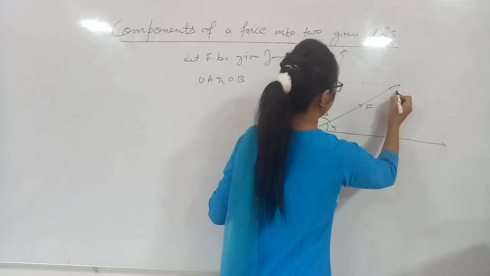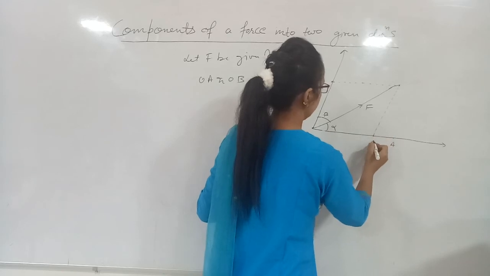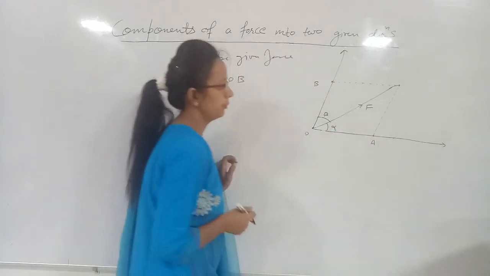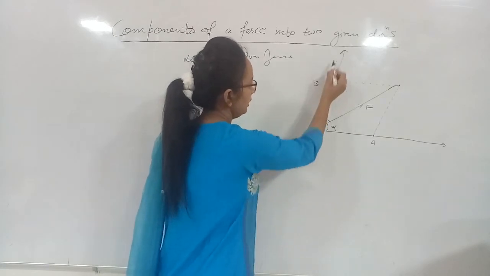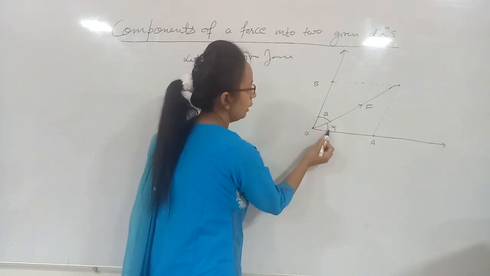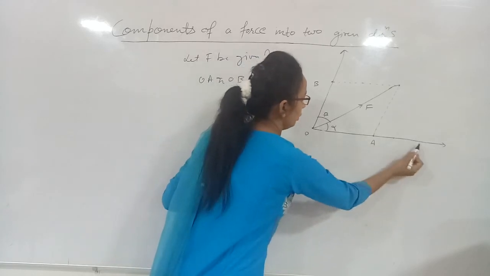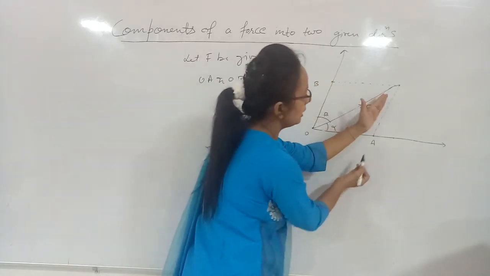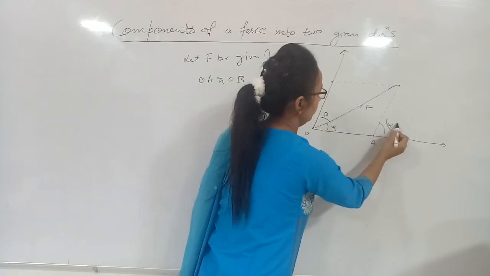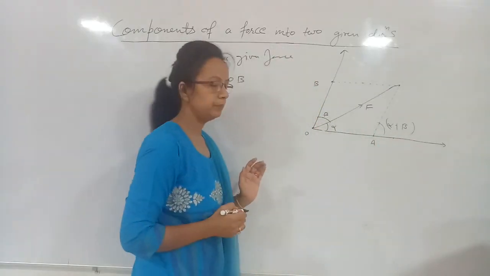a parallelogram here. Now you can see this line is making angle alpha plus beta with this horizontal line. So if this line is making alpha plus beta, then this angle is also alpha plus beta, corresponding angle.